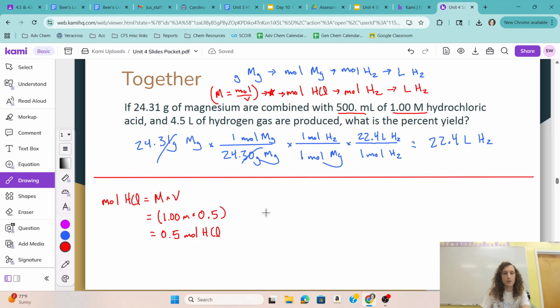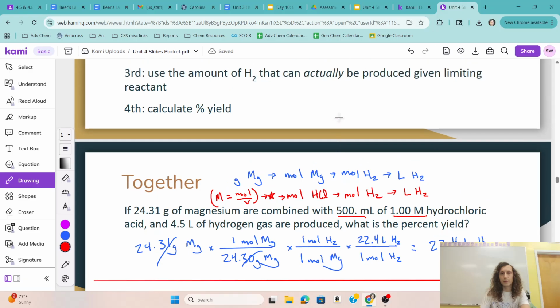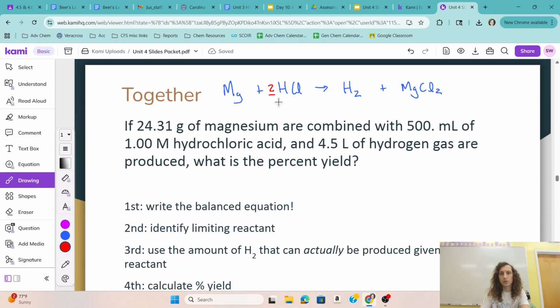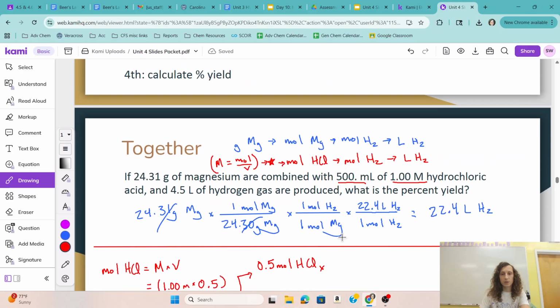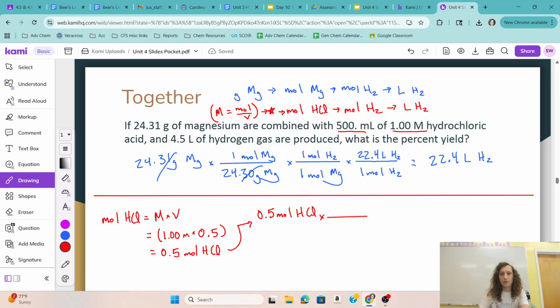Okay, now I'm going to take this into my conversions. So I've got moles of HCl. Now I'm getting the moles of H2 using my balanced equation. So it is a 2-to-1 ratio, 2 moles of HCl for every 1 mole of hydrogen gas.